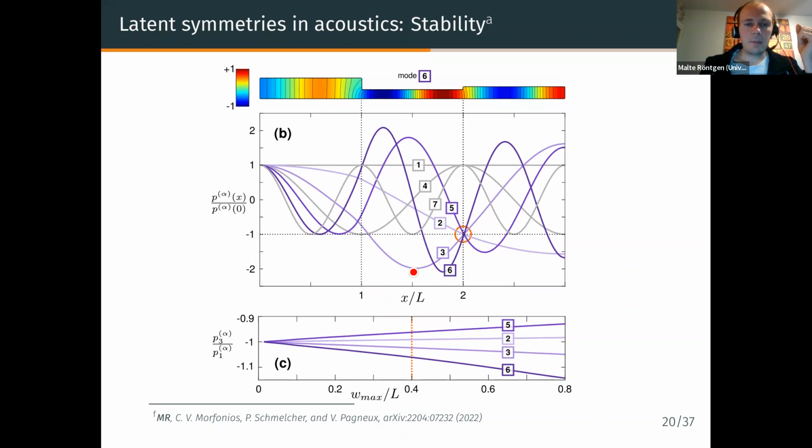And by the way, in the above here, I didn't mention, I should have started with this. What you can see here is just the profile along the x direction for different eigenmodes. All of the modes have been normalized to start at 1. We have Neumann boundary conditions, so you can see the slope is 0 at this point here. Then the different eigenmodes behave differently. They're all waves, of course.